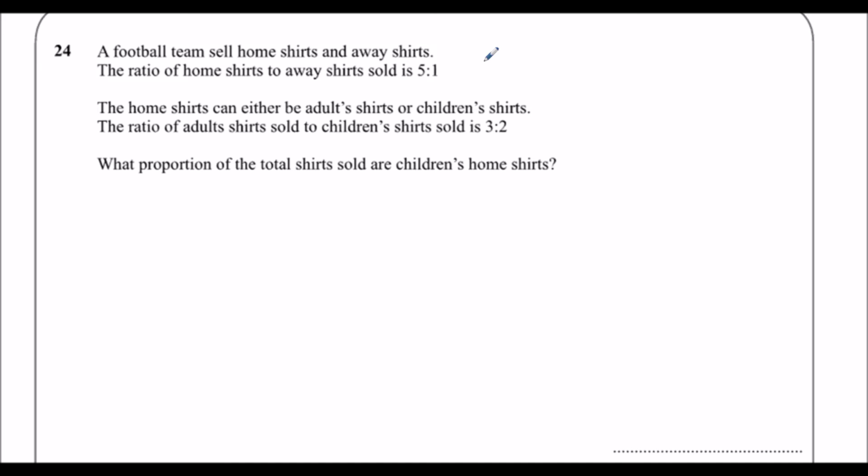Home shirts are 5/6 of all shirts. So 5 parts home, 1 part away. So 5 out of 6 are at home. And adults to children's is 3:2. So for children's shirts, that's 2 parts out of 5, 2/5.